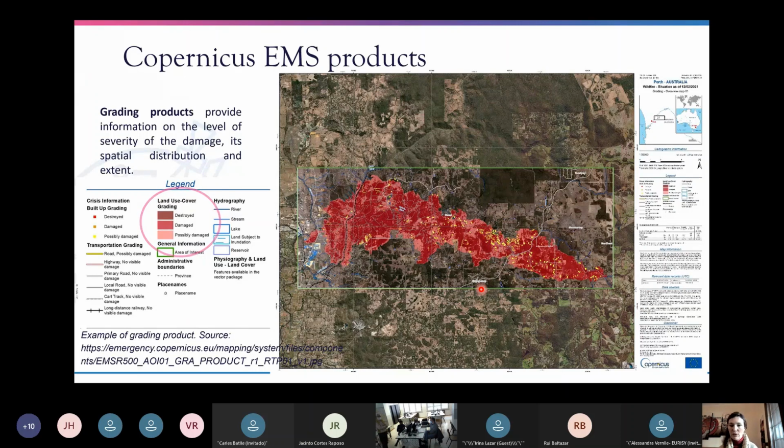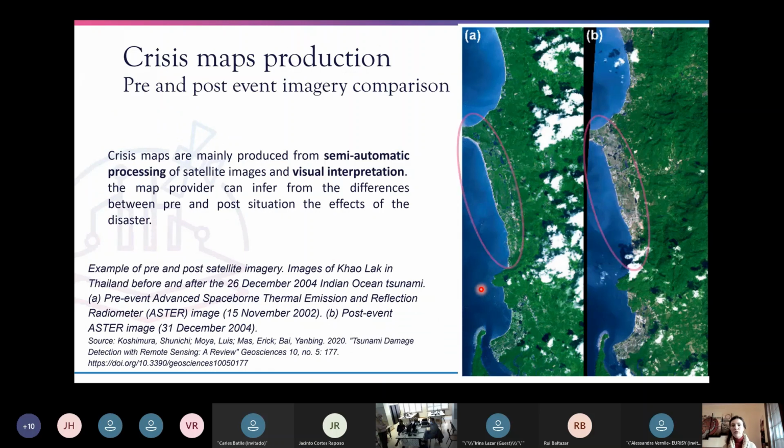We don't have time to go into the detail, but the idea from now on is that we are going to discuss how these maps can be produced. And in the exercises in the afternoon, you are going to see, on the one side, a very simple exercise showing you how they can be produced, so how you can manipulate satellite imagery in order to highlight the damaged area, and so to be able to map it.